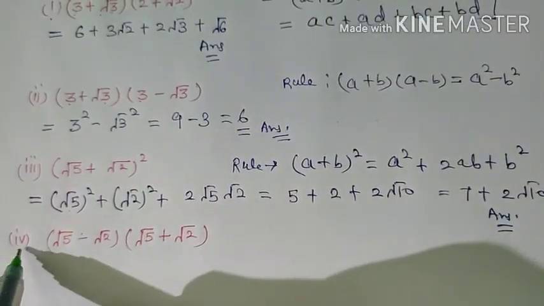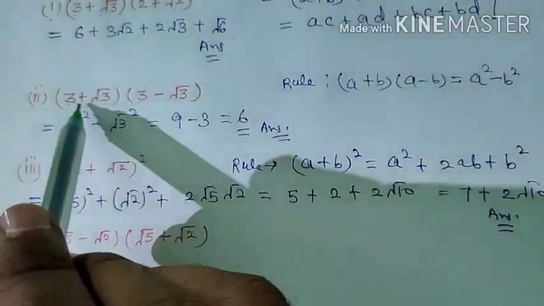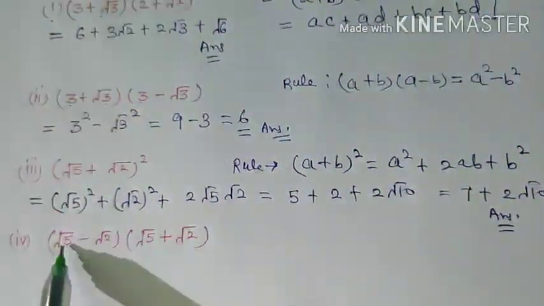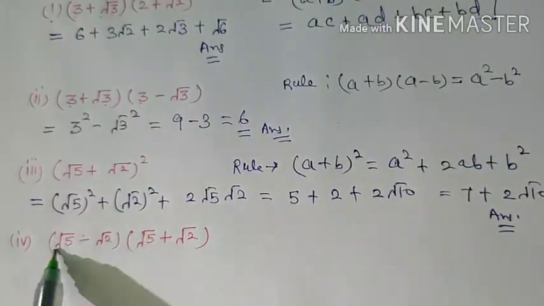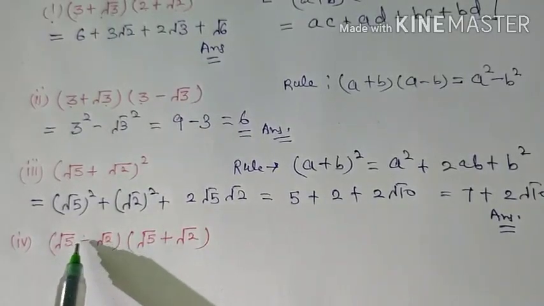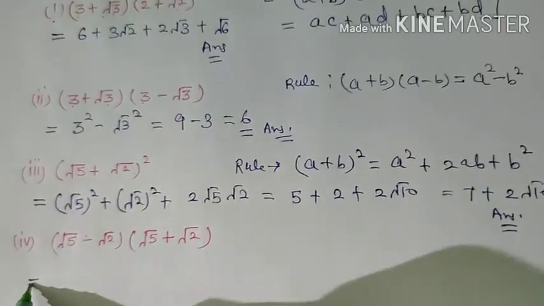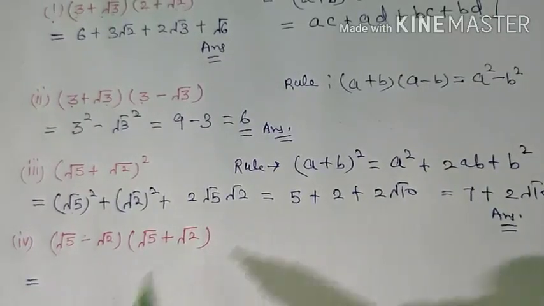If you check the fourth question, here it is exactly like the second one. Here the first term is equal, and the second term is also equal. The sign is different in both the cases. So we can apply the same rule which we applied here.